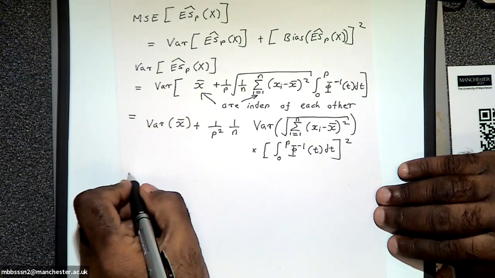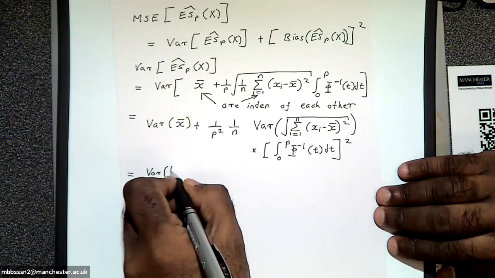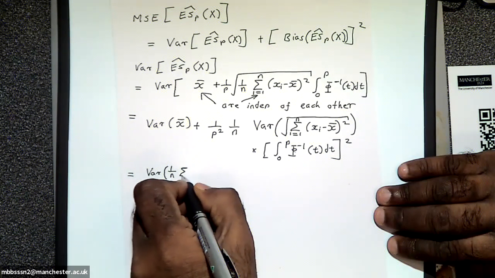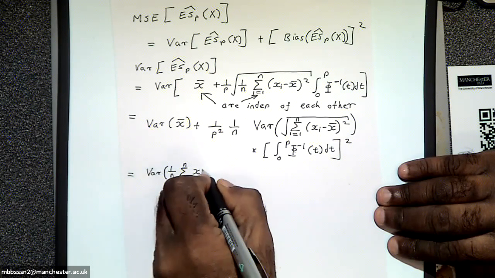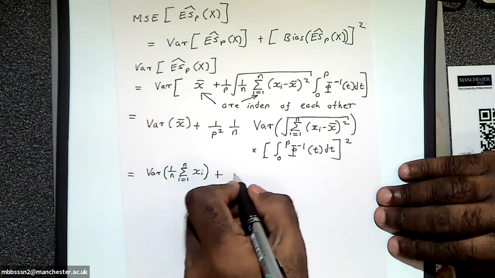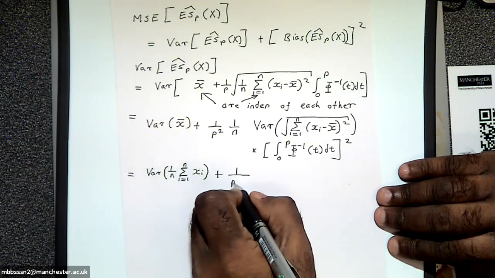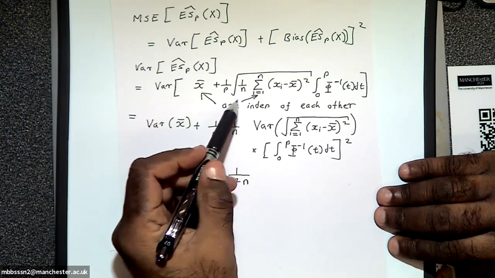Now the variance of X bar is simply the variance of the sample mean, which, I'm sure all of you know, is this. Okay, and here I'm going to put p squared. It became p squared because p is a constant and n is a constant.